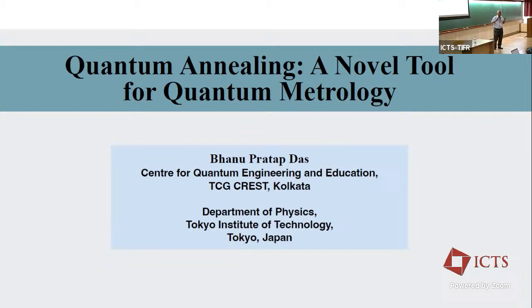And it is by now the consensus of opinion that a quantum annealer is less prone to errors than a gate-based computer. So we wanted to test it out, and fortunately we had access to the D-Wave quantum computer through the Ministry of Electronics and Information Technology of India. So that's the context in which this work has been carried out.